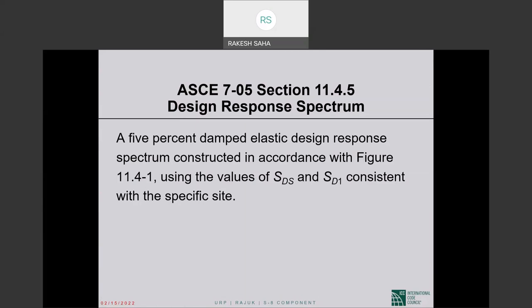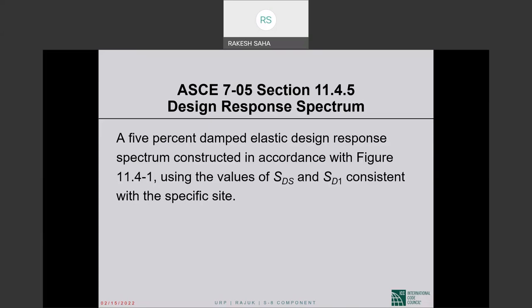A 5% damped elastic design response spectrum constructed in accordance with figure 11.4-1 using the values S sub DS and S sub D1 consistent with the specific site. So the design spectrum of ASCE 7 is the spectrum given in figure 11.4-1, the spectrum that we saw, using the values of S sub DS and S sub D1 for the particular site.